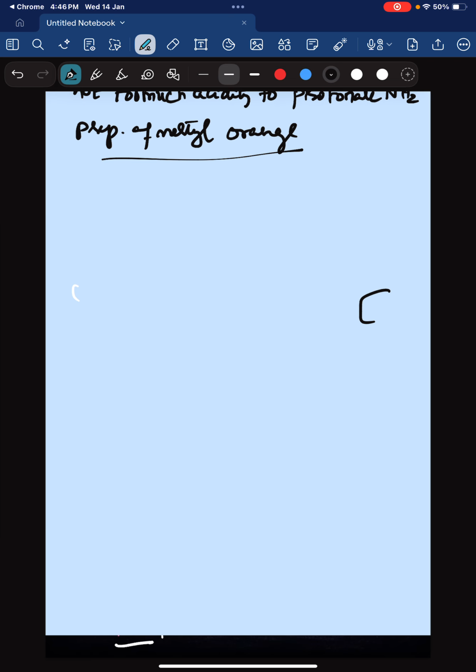So sulfanilic acid means this one, NH2 with sulfonic acid SO3H. This is called sulfanilic acid.